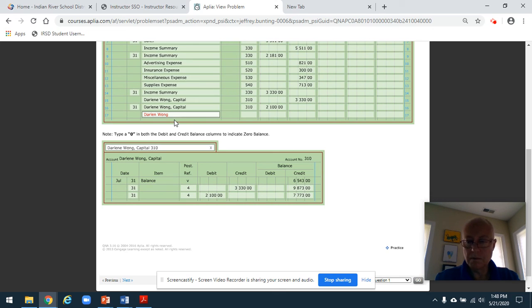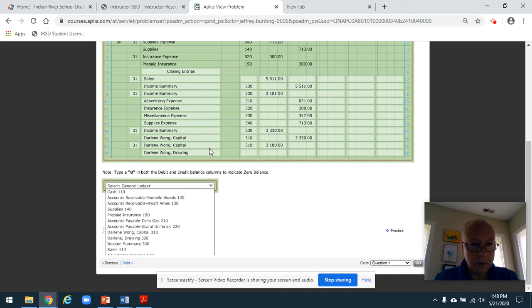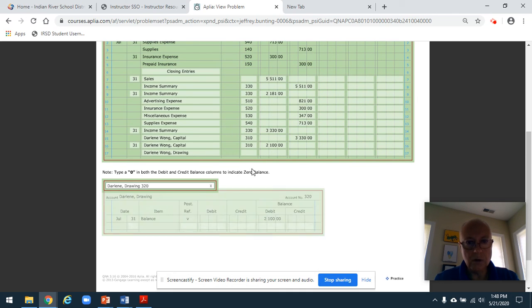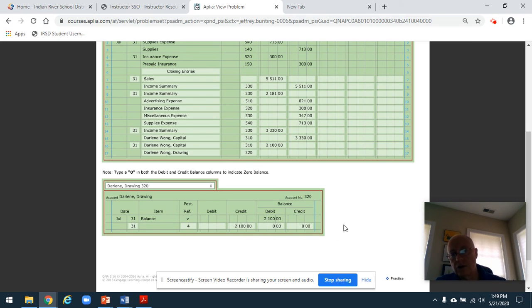Okay. And I think that's 2100, but I want to double check. Yeah, Darlene drawing. Okay, so on the 31st, page 4. So we now have to make a credit entry here to close this out. Our balance is 0. That, ladies and gentlemen, is the end of the fiscal period.